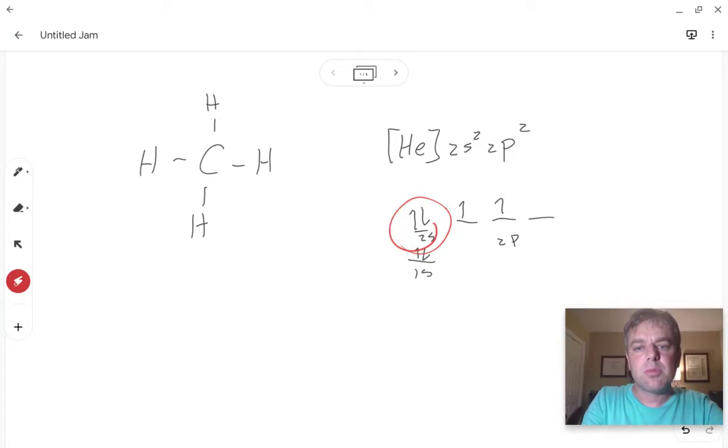Since the 2s orbital is lower in energy than a 2p orbital, we would expect one of the bonds in CH4 to have a different amount of energy associated with it than the other three.